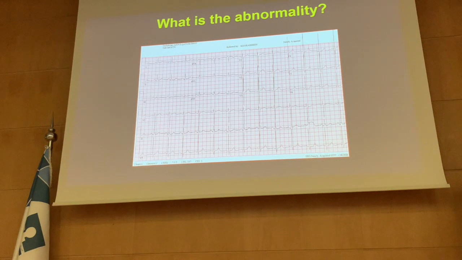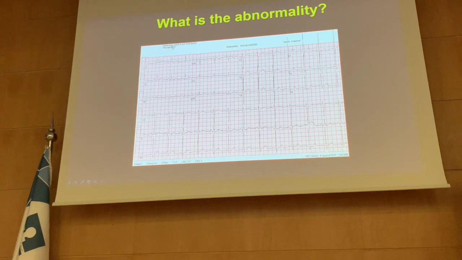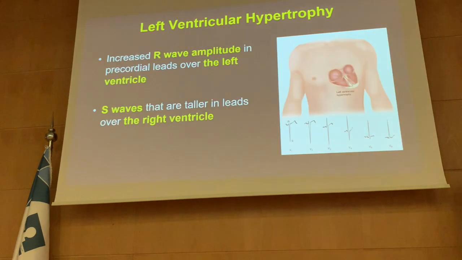You are not required to do this in the exam. Just if you see a big R wave, provided the scenario, the patient has hypertension and a systolic ejection murmur, that means for sure he has left ventricular hypertrophy. Okay, and this is the Sokolow criteria. We are not going to discuss it because it is easy.